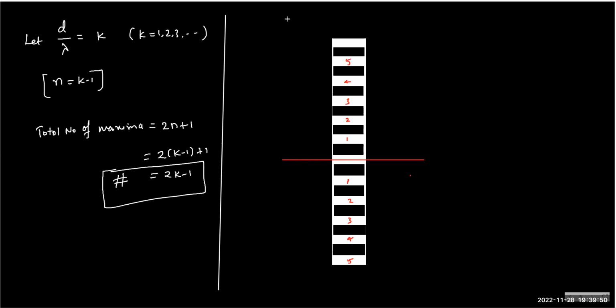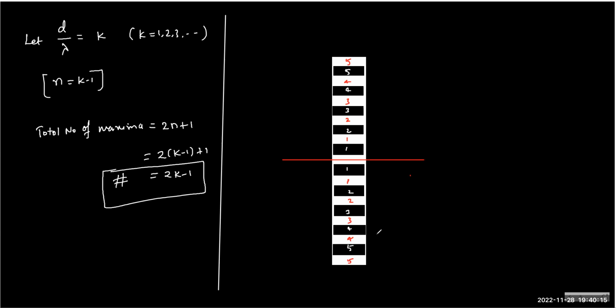Let me make it symmetrical. Now it's symmetrical, right? And if you count the minima, 1, 2, 3, 4, 5. You can see it's the same number.